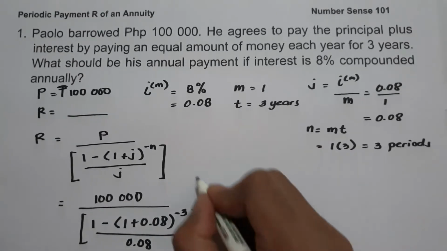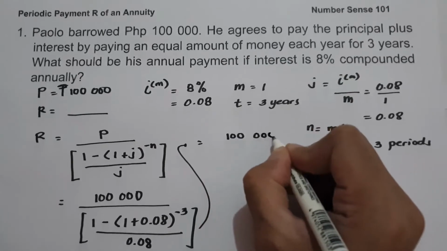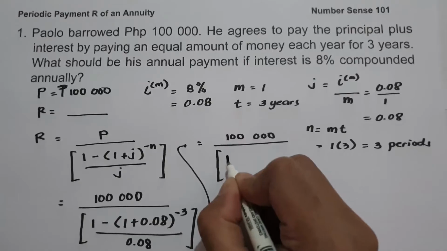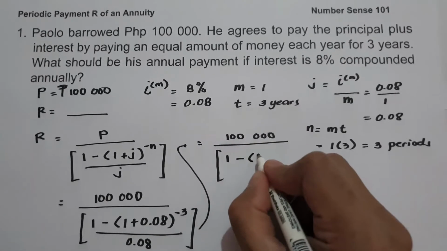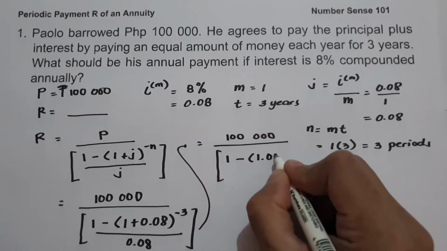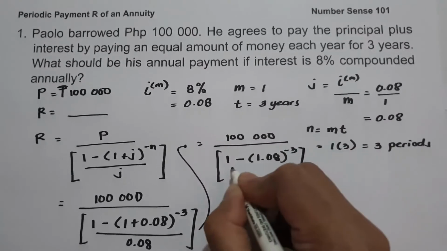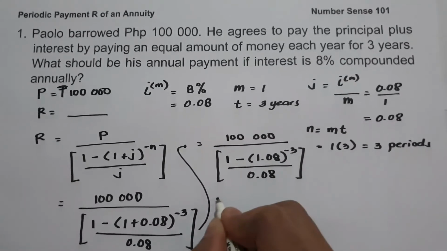And then let us write 100,000 all over 1 minus, let us add this one, it will give us 1.08 raised to negative 3 all over 0.08.